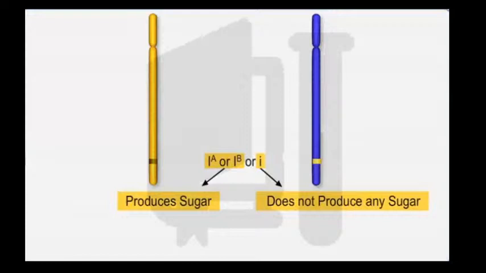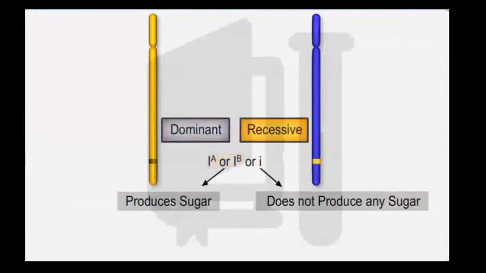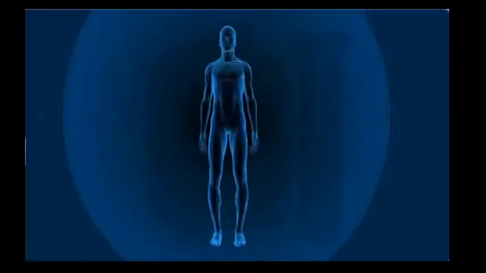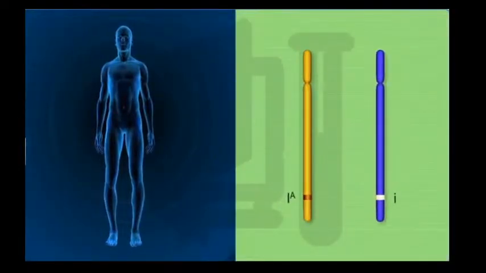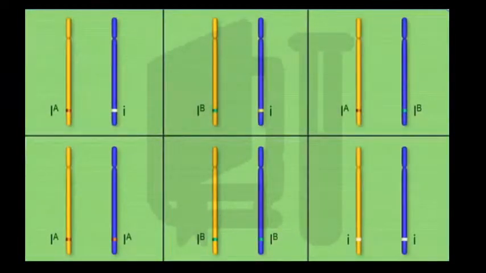Here, the alleles capital IA and capital IB are completely dominant over allele small i. Now, human beings are diploid organisms and hence possess only two of the three alleles of the gene I. Consequently, as you can see, there are 6 possible combinations of alleles.